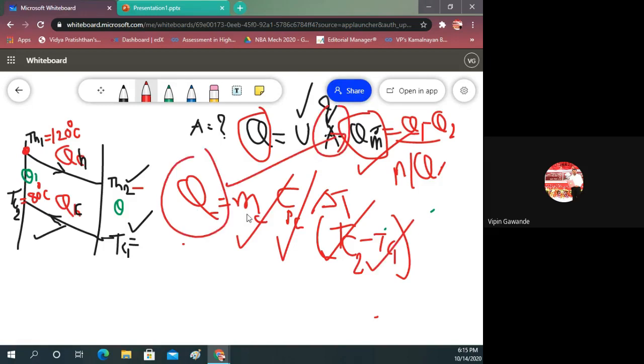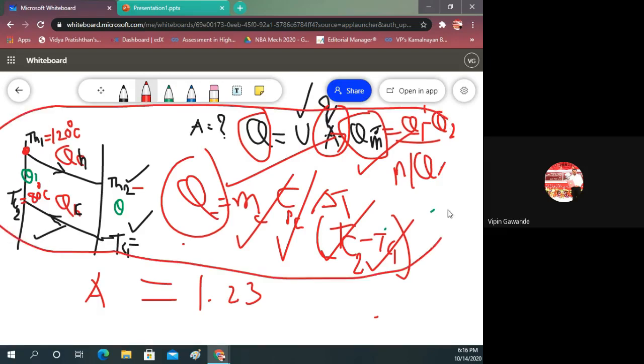Very simple. I'm telling you again and again, this is my methodology. I'm not interested in the value of A being 1.23. You have to practice on the concept. If you make the habit of writing the problem like this, don't worry about this value.